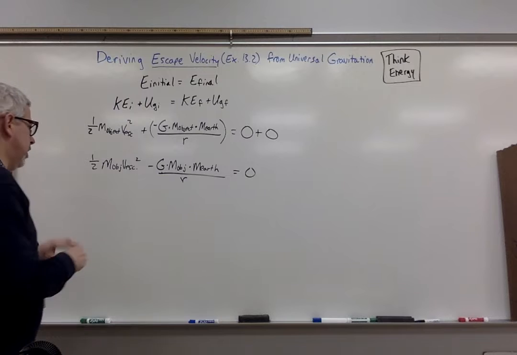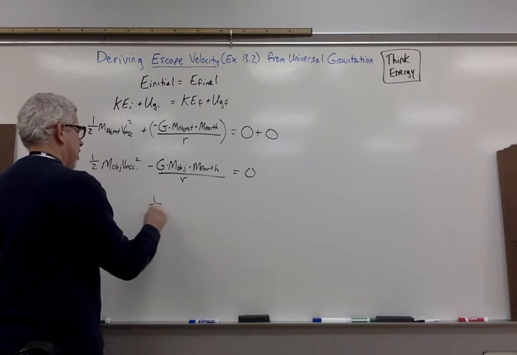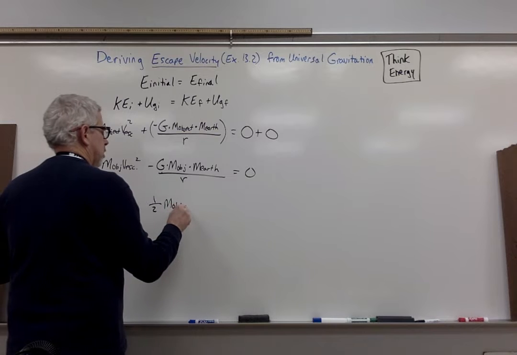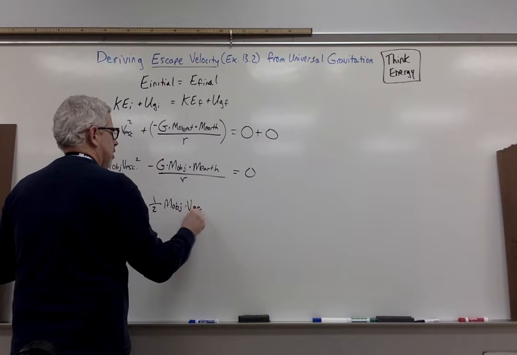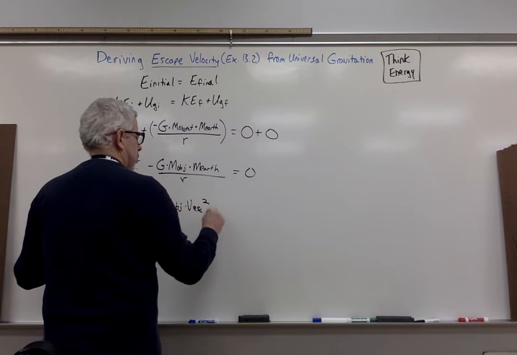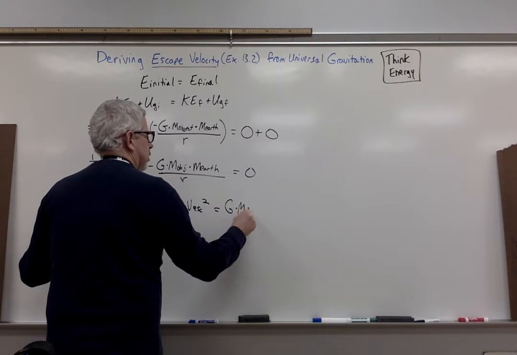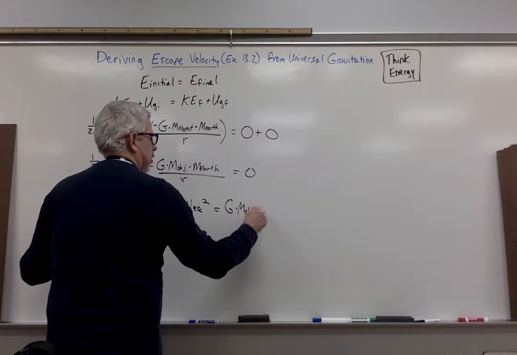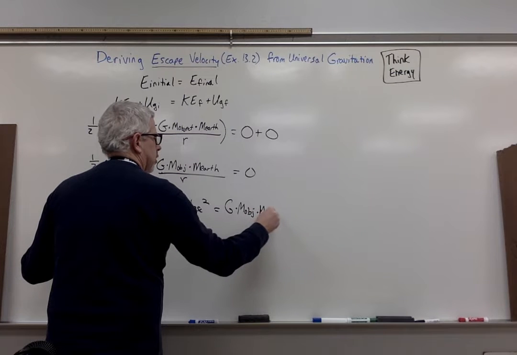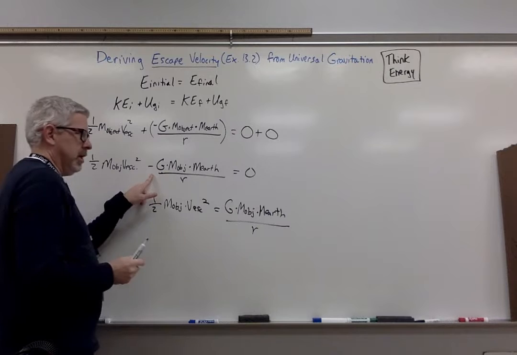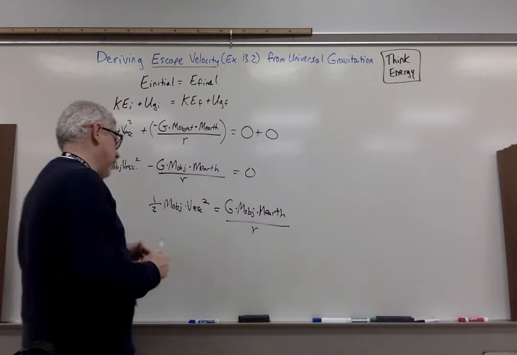So now I can say 1/2 m object v escape squared equals G m object M Earth over r. Why did this become positive? Because it was negative on the left-hand side of the equation. I added it to both sides.